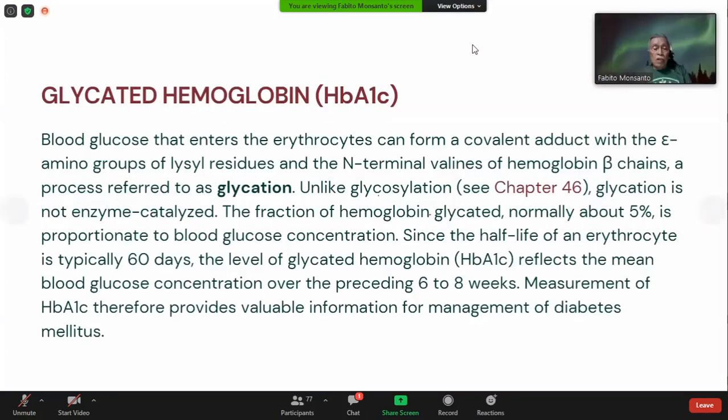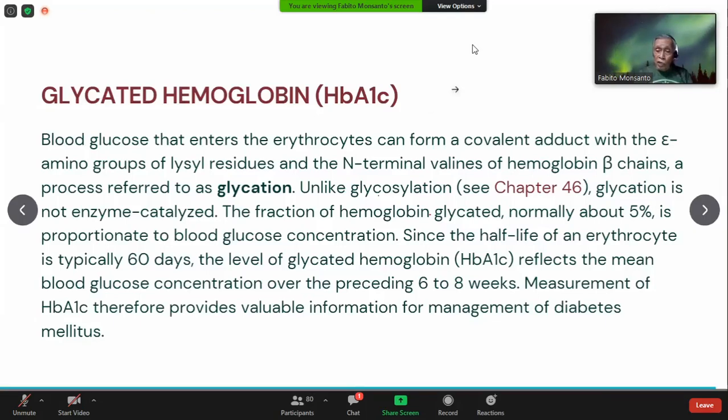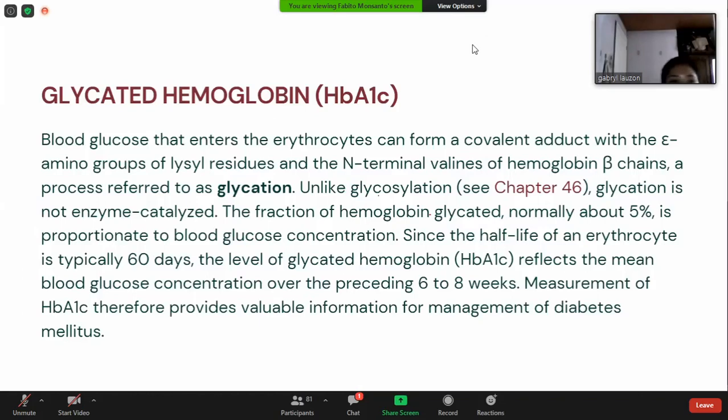Okay. What is glycated hemoglobin or hemoglobin A1C? Glycated meaning your hemoglobin is decorated with glucose. When can this occur? Diabetes.